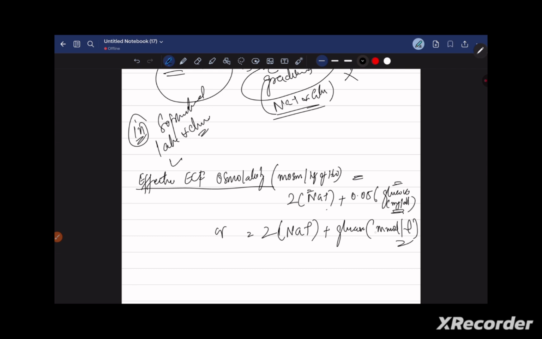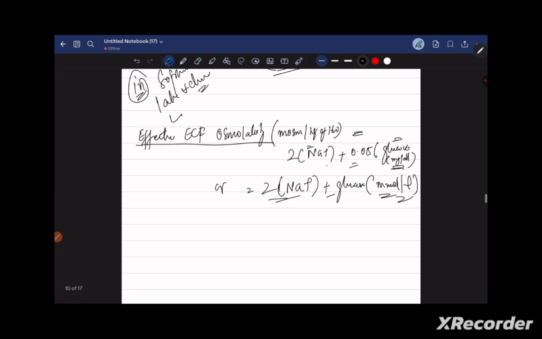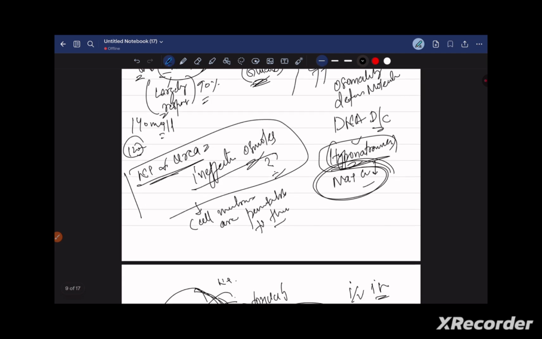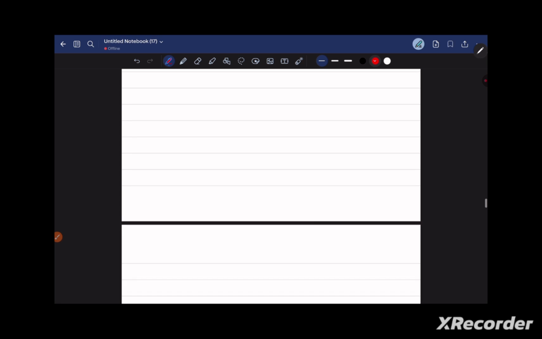If you have glucose in millimoles per liter, then use this formula, means you have to delete 0.05. So it will help you in monitoring the ECF osmolality in a DKA patient. Okay, hope you understood this osmolality part. Now another finding in DKA patients is the anion gap.